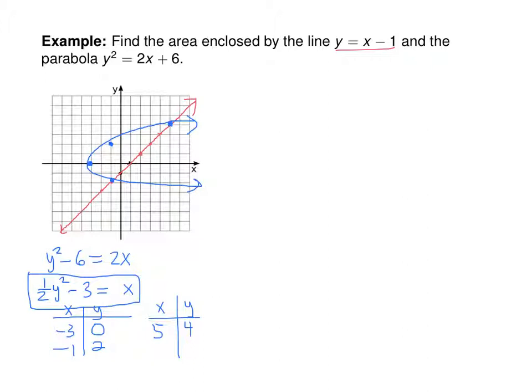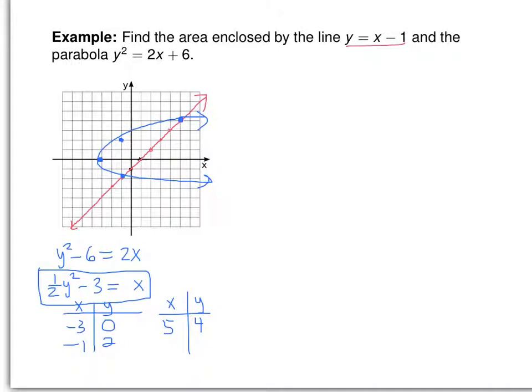To find the area between these curves, we'll find the integral from the lowest y value, so that first intersection point, that blue dot, the y value there is -2. The upper y value is 4. Now, our curves need to be expressed as functions of y, meaning you must have x equals something with y.